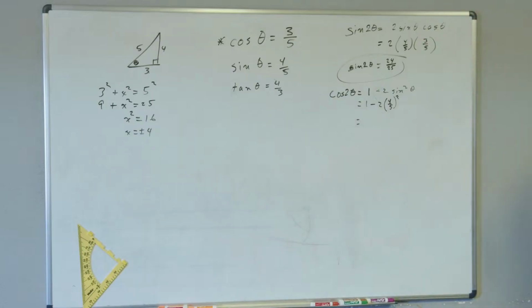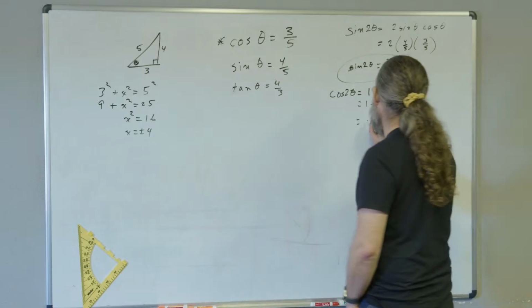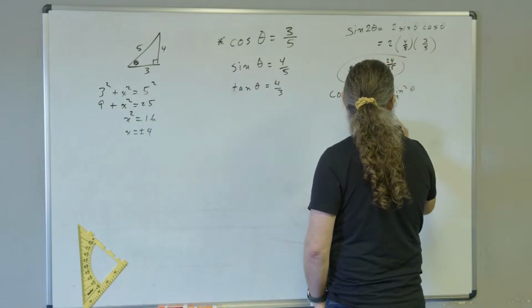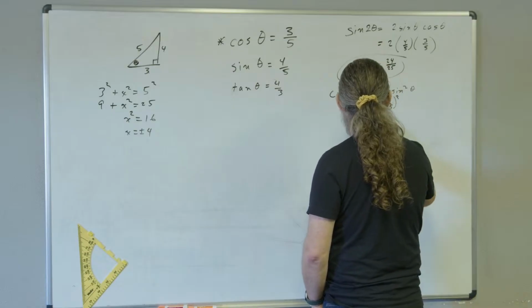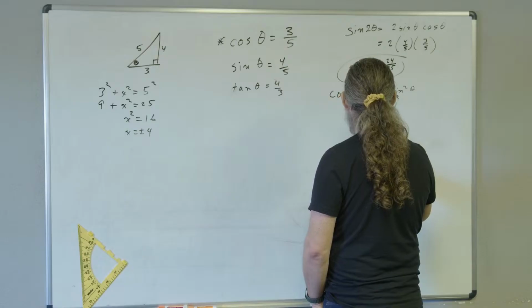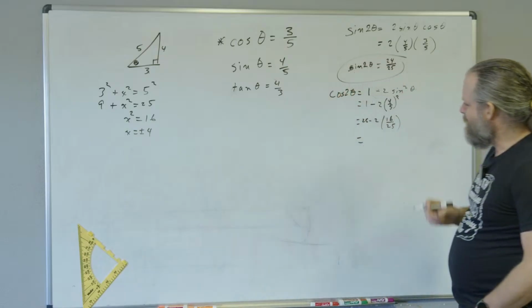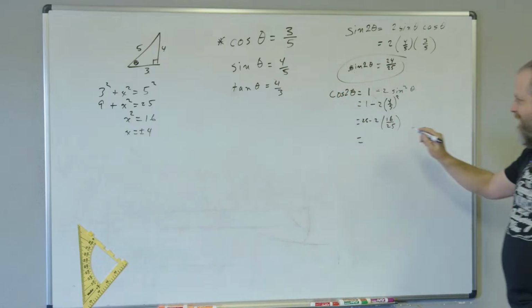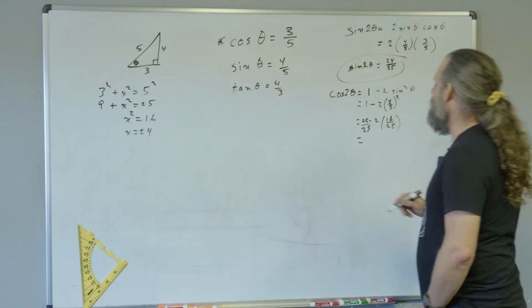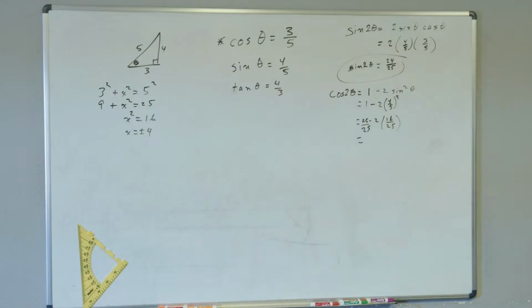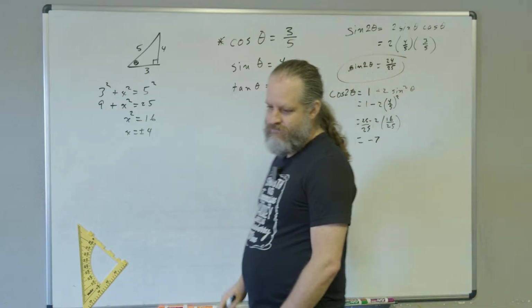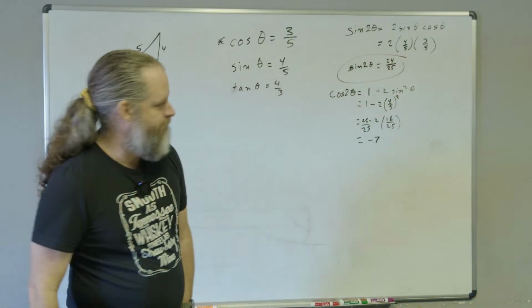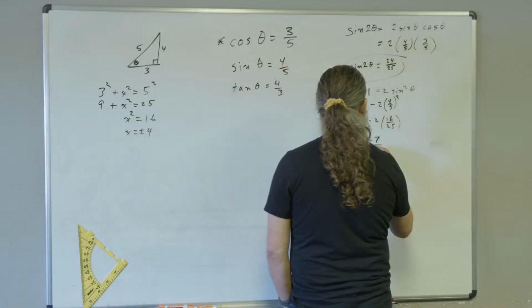What's 4/5 squared? 16 25ths. 1 minus 2 times 16 25ths. 25 over 25 minus 32 over 25. What's 25 minus 32? It is negative 7. I did that in my head in like 2 seconds. I'm so proud of myself. Negative 7/25ths.